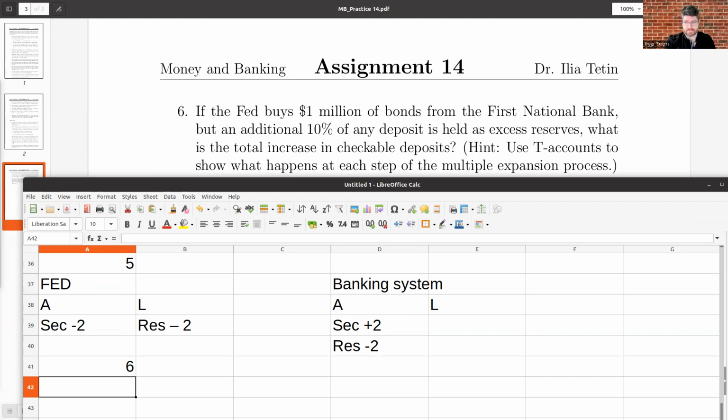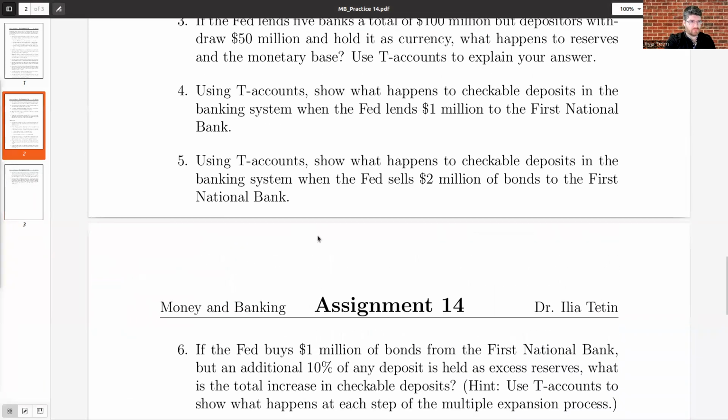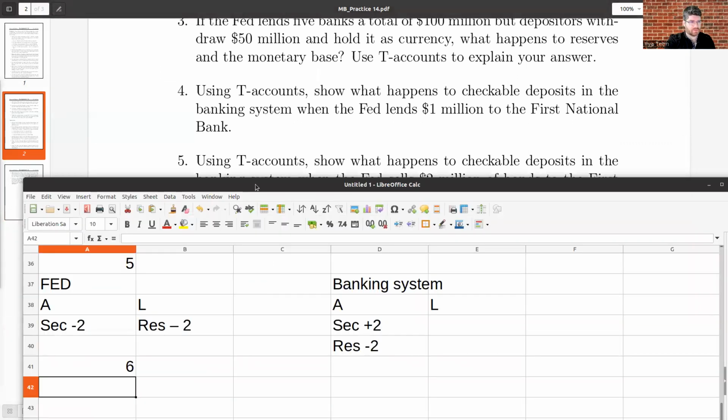If the Fed buys 1 million. By the way, let us get back to number 5. Maybe we can say something more about this line of events.